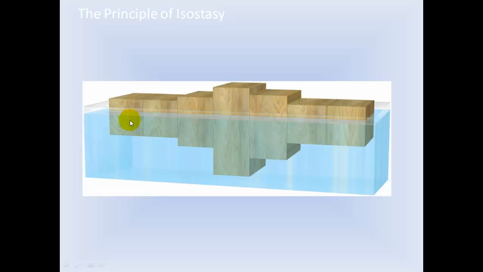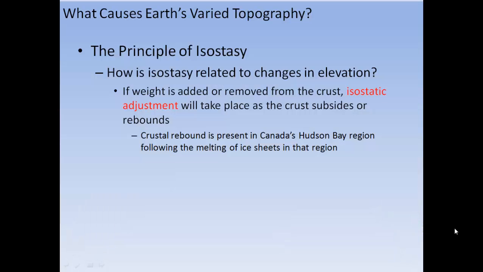So a smaller block's not going to sink as far, and it's also not going to rise up as far. So let's say this wood block was eroded, if this is a mountain, it wouldn't be sunk as deep, it would start rising, and that's how we have some uplift of our mountains.